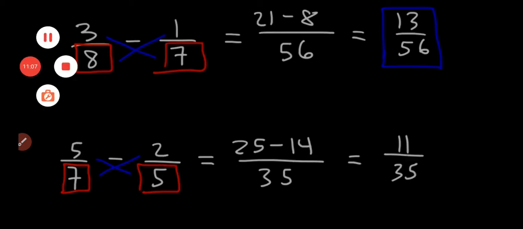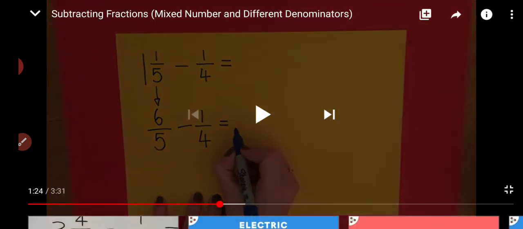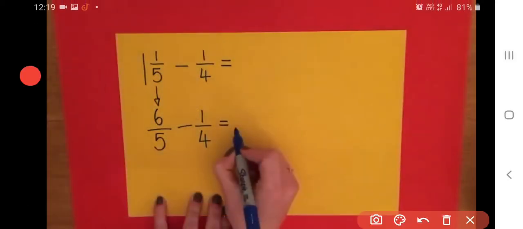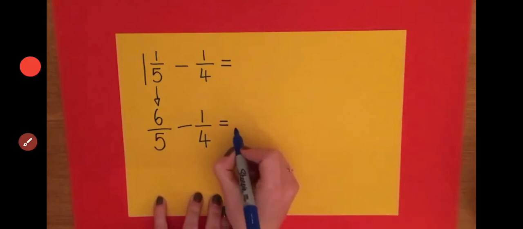Okay, understand? So see student, if we want to subtract a fraction from a mixed fraction, then first of all we have to convert this mixed fraction into an improper fraction, means 1 into 5, that is 5, 5 plus 1, that is 6 by 5. Okay, understand? And minus 1 by 4.